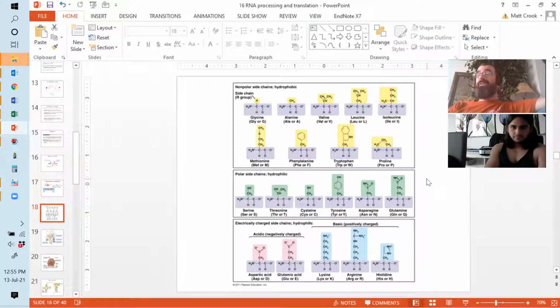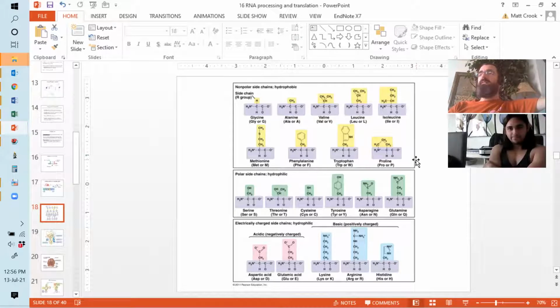And so when you look at the individual amino acids, I'm not going to expect you to remember what these amino acids are and their side chains, because that's not useful information unless you're doing biochemistry. All of these are hydrophobic, right?